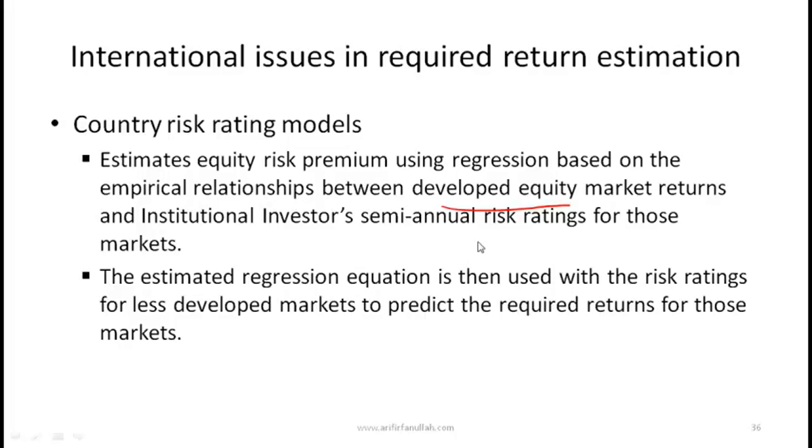So you take developed markets where there are different risk ratings and you create a regression model based on risk rating and equity risk premium, and then you extrapolate, in a sense.